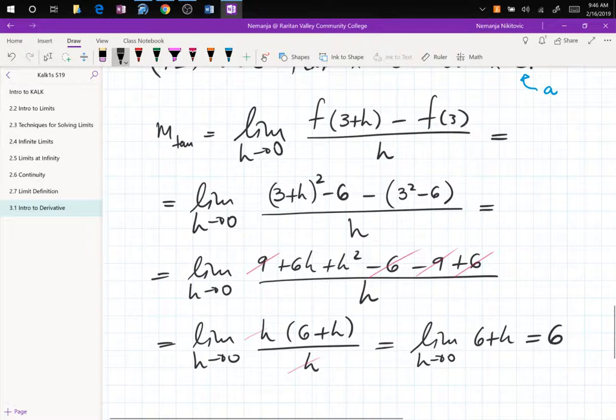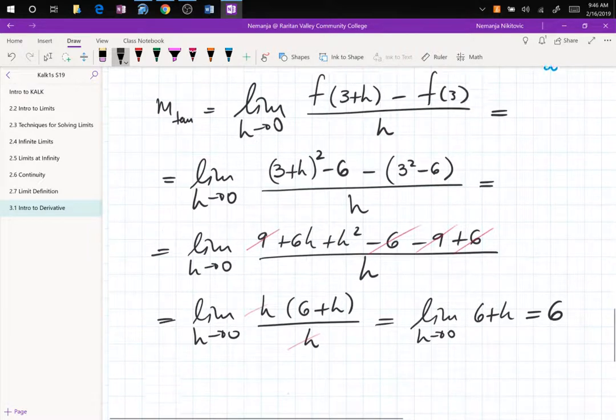Function composition. To create this term, plug in the value in the function as is. Expand, cancel, factor h, cancel, and then plug in h equals 0 to come up with the final result. These steps are going to repeat, and then you will either have fractions, square roots, or squares or cubes or something to enjoy, but it's always the same idea.